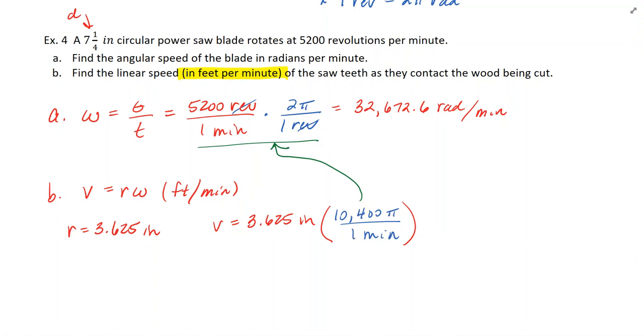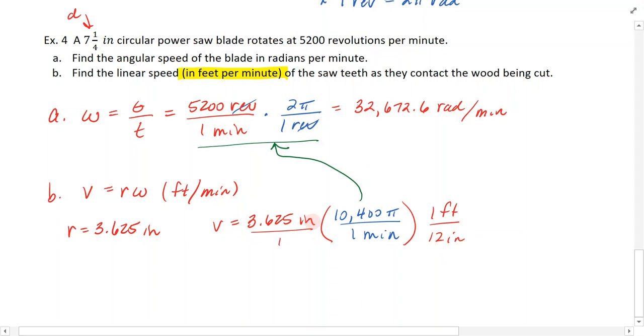I want this to end in feet per minute. I'm currently in inches per minute, so I need to multiply by the conversion factor 1 foot over 12 inches. If I set up my unit conversions like this, the inches cancel, leaving me in feet per minute.